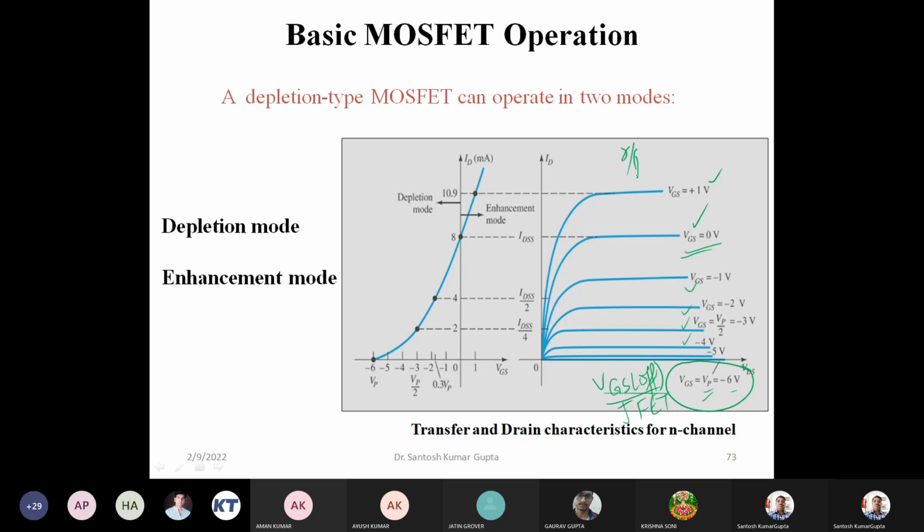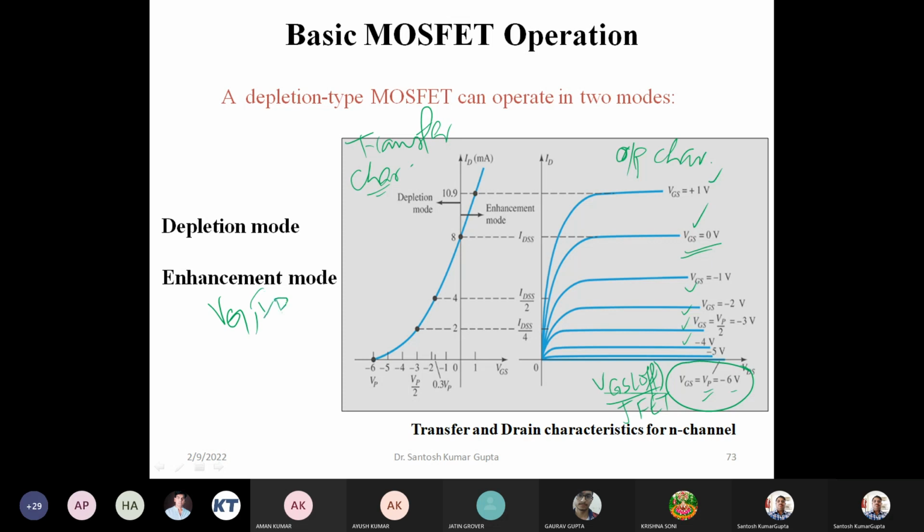We can also have the transfer characteristic here. We have understood so far that the transfer characteristic relates the output quantity with the input quantity. So the input quantity is here the gate voltage, and the output quantity is the drain current.